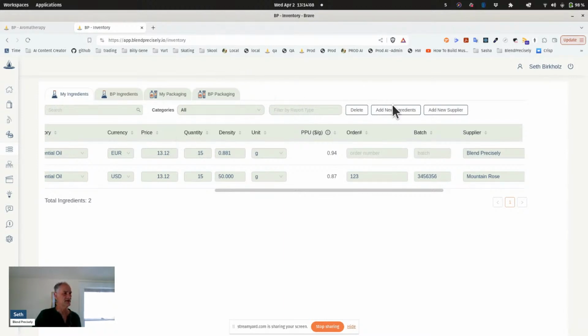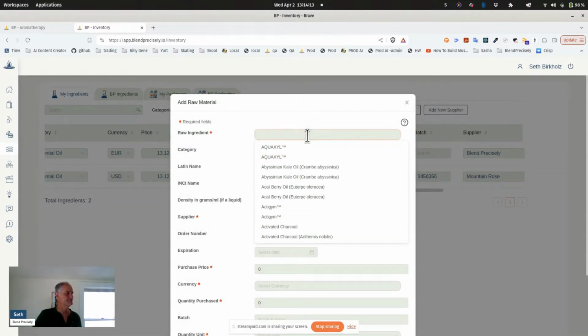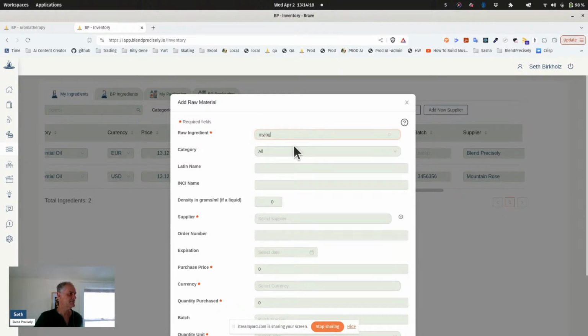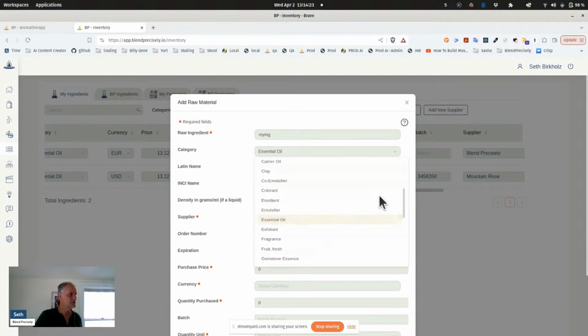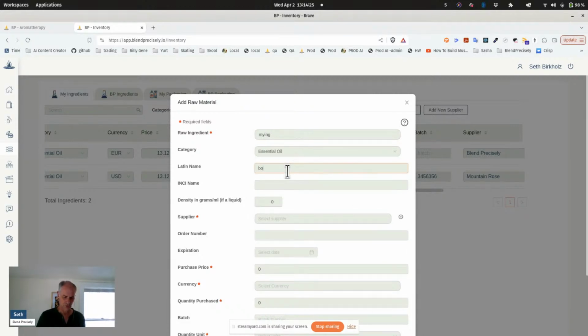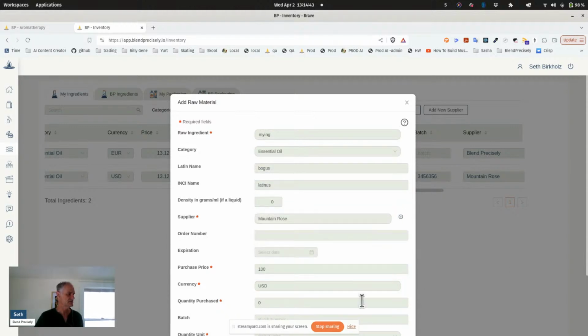So for example, if I add in a new ingredient, and let's say my ingredient, which does not yet exist anywhere, I'm going to call it an essential oil, Bogus Latinus. I'm going to use the Mountain Rose, and we'll say it's $100 for, let's see, USD.